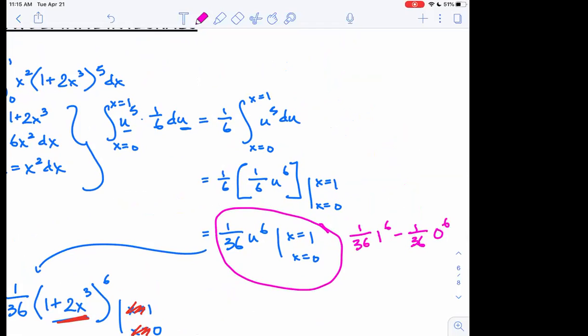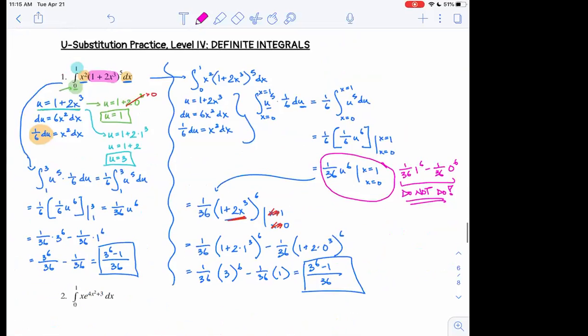You can't plug x's into u's because they're not the same thing. So don't do that. Either change everything at the beginning like I did first, or change some stuff, change it back, and then use your regular bounds.